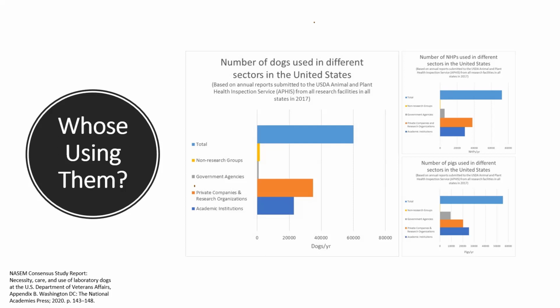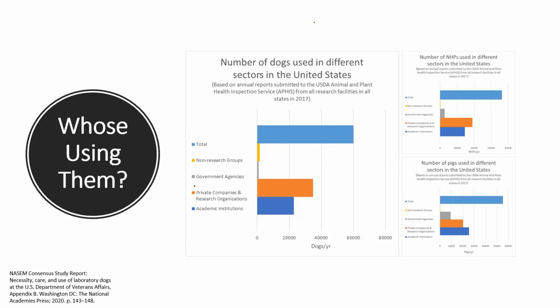In the left-hand slide here, we show the numbers of dogs used by non-research groups, government agencies, private companies, research organizations, and academic institutions.